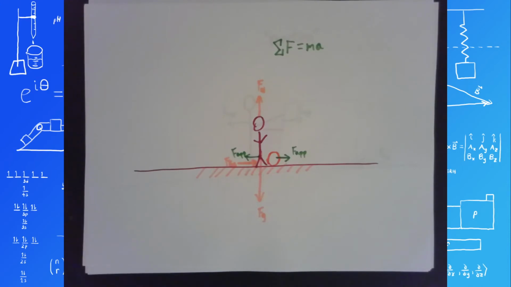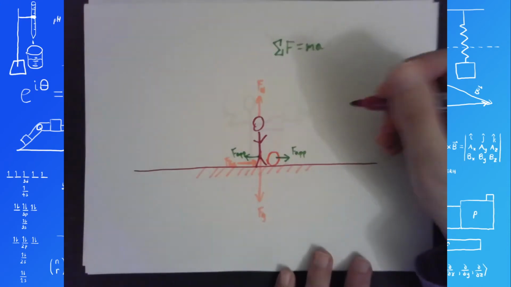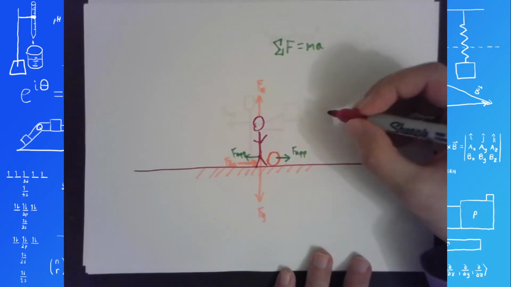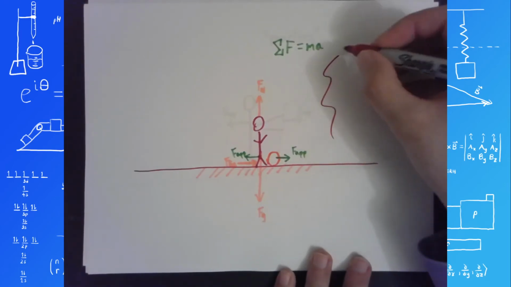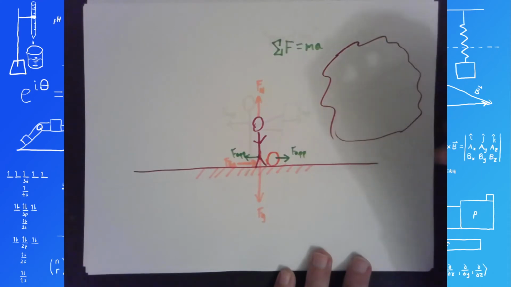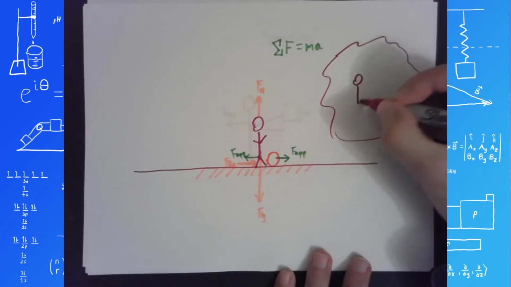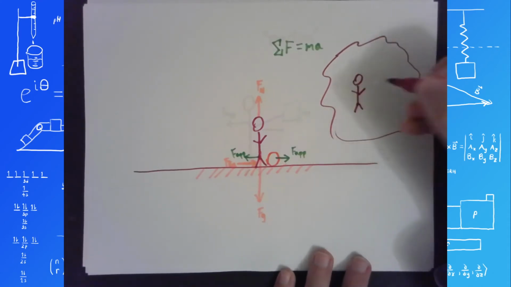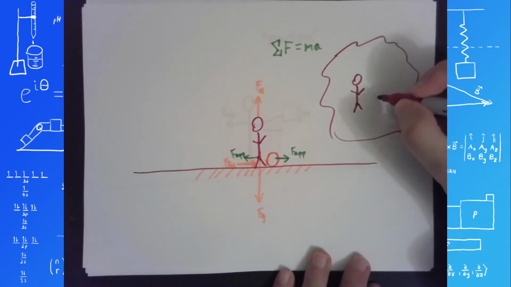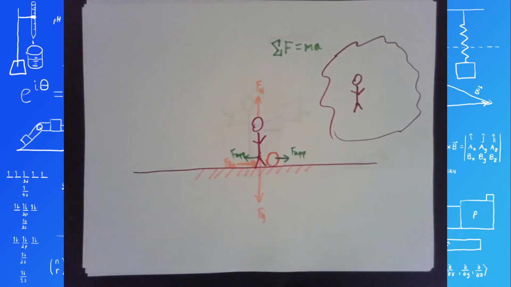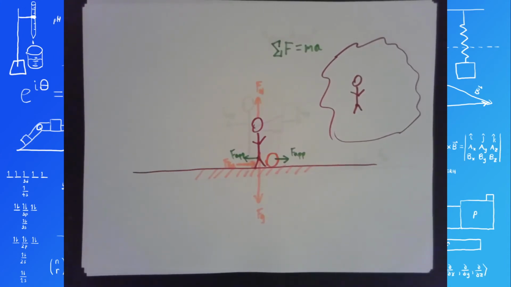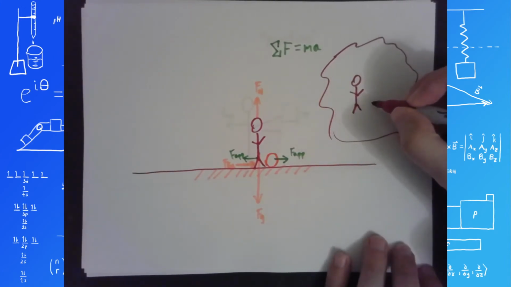So that's one of the reasons, but even in the absence of other forces, there's still not going to be equal and opposite motion. Let's say this soccer player is in outer space, far away from any planets, stars, asteroids, whatever that could exert some sort of gravitational pull on them.